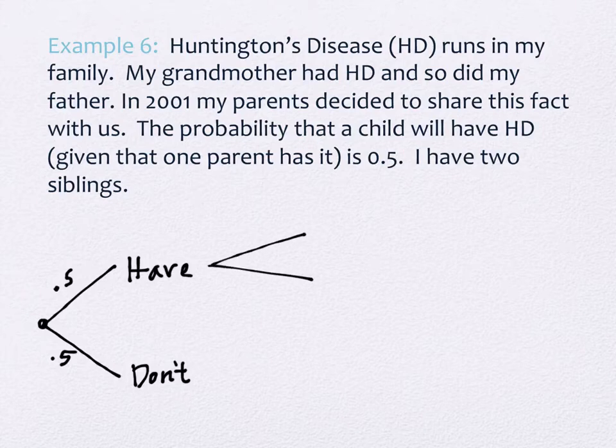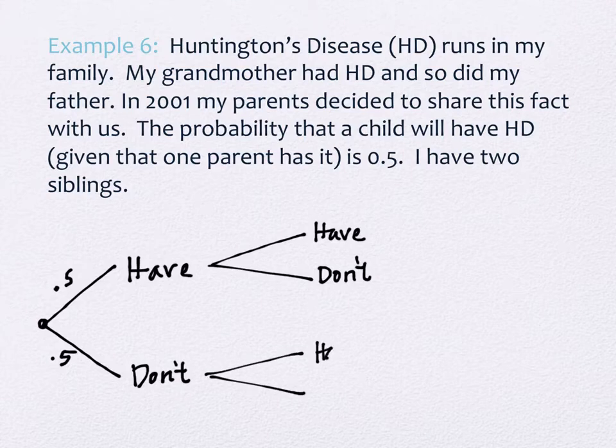This next set of branches represents my sister, and she either has it or she doesn't. Have, don't. Same for my brother. Now my verbs are all wrong, but you can pretend with me for a moment. Have and don't. So that's my sister. All 50% probabilities, so 0.5s along all the branches.